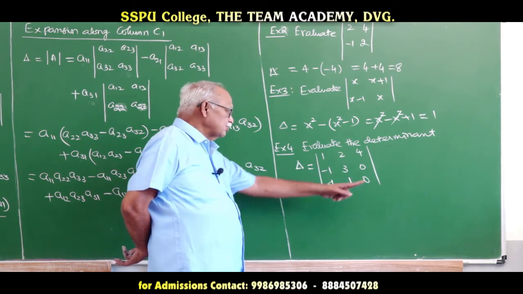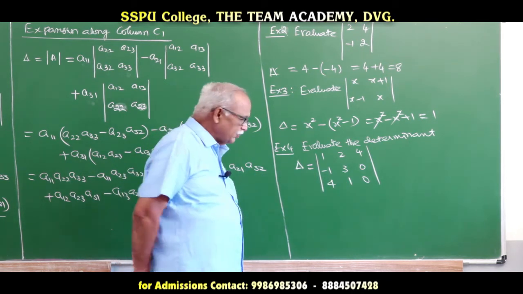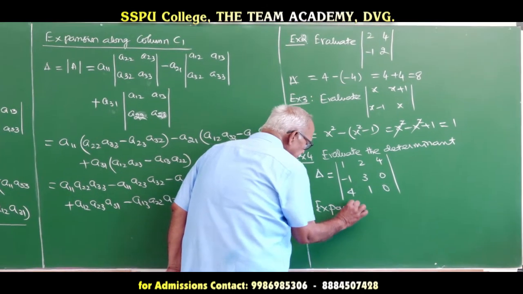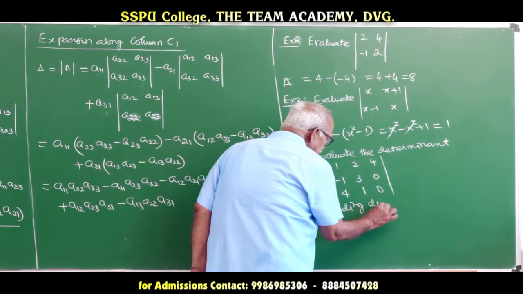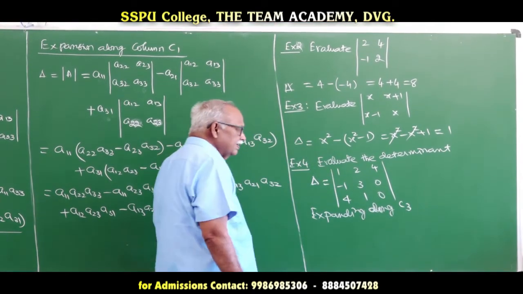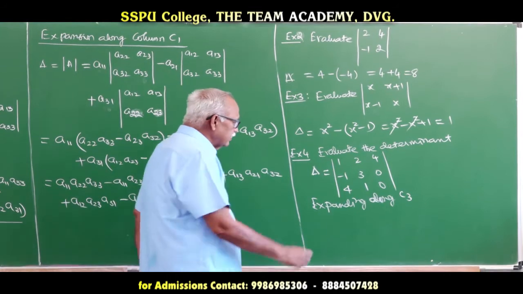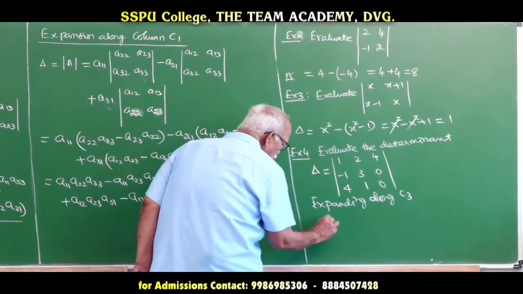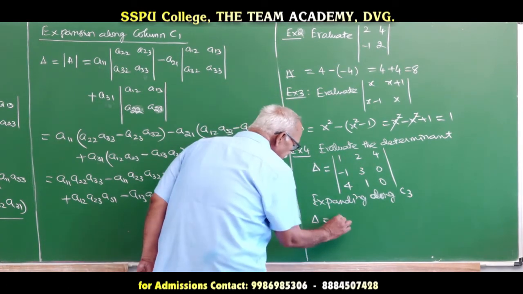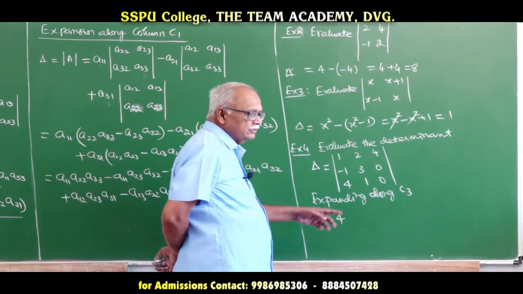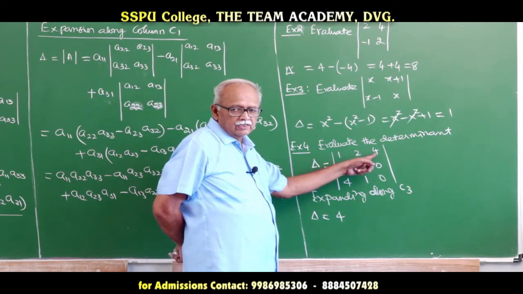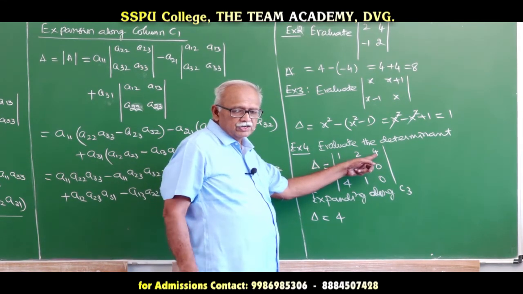Here you see, 2 zeros are in C3. So, expanding along C3, let us take the first element here, 4. What is the sign that we have to use for 4? 4 is plus sign. Why is it plus sign? You can see this is A13, and 1 plus 3 is 4.